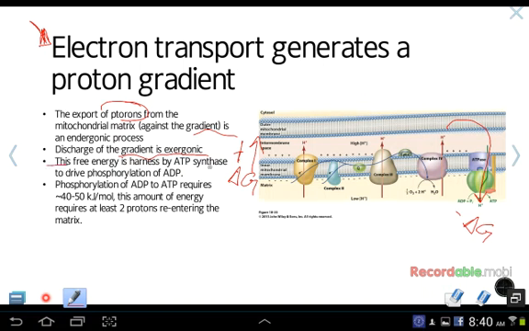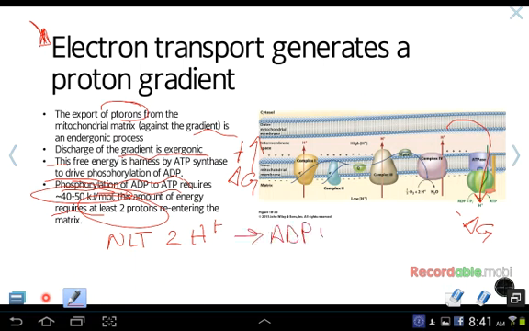This free energy is harnessed by ATP synthase to drive phosphorylation of ADP. Phosphorylation of ADP to ATP requires about 40 to 50 kilojoules per mole. This amount of energy requires at least 2 protons re-entering the matrix in order to phosphorylate 1 ADP to make ATP. So we require no less than 2 protons to make 1 molecule of ATP.